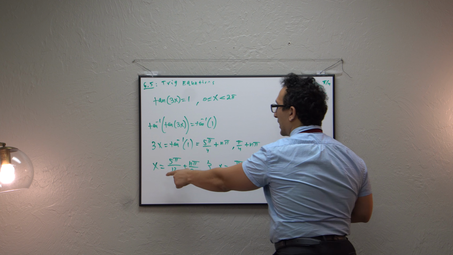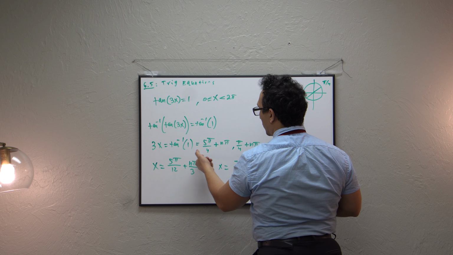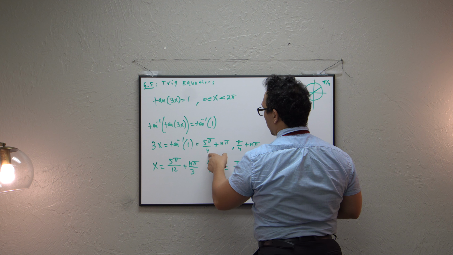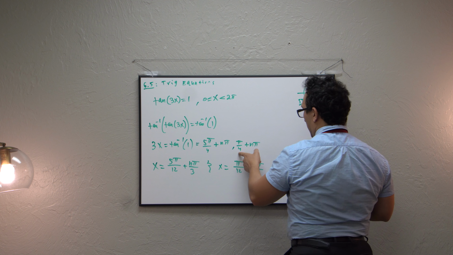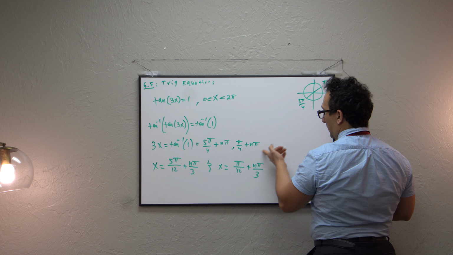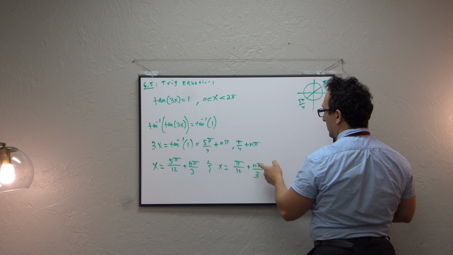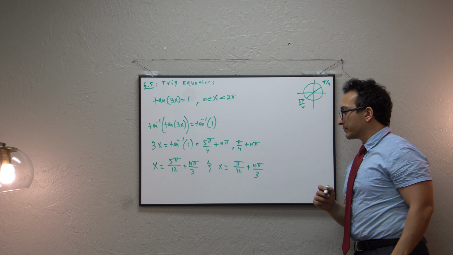Because I divide both sides by 3, the 3 distributes to each term. For the pi over 4, it gets multiplied by 4 to give me the 12, and for the n pi term, it just gives me the 3 here.